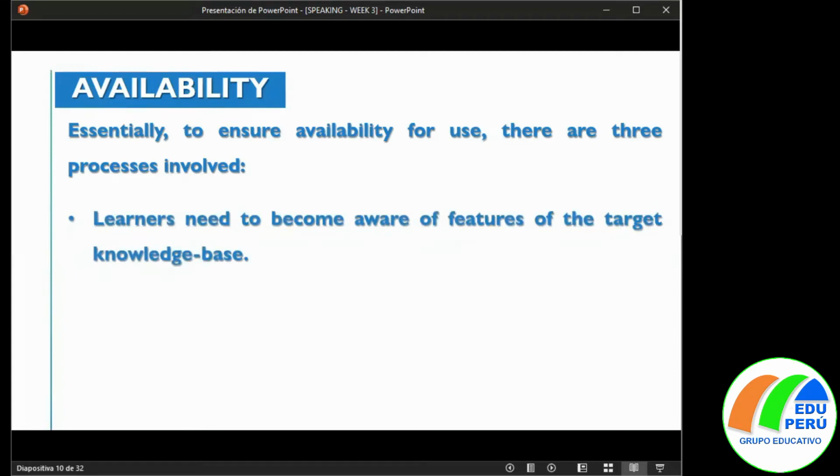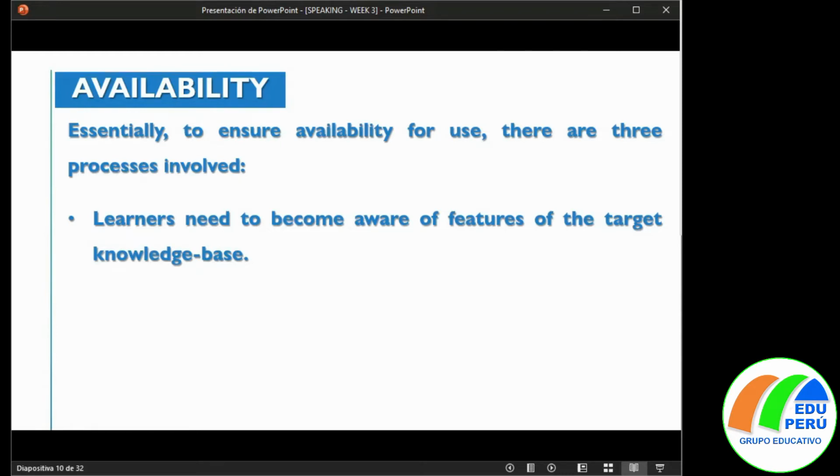One of the processes is that learners or students need to become aware of features of the target knowledge base. Aware, remember the word aware, is similar to conscious. You need to be conscious of the features or characteristics.